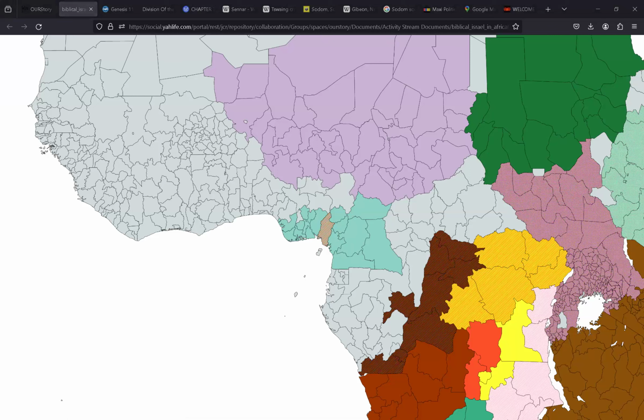Then if you go even further into history, when you say that the two tribes were exiled, one was taken into Assyria, right? The northern kingdom was taken into Assyria, and Assyria is that West Central Africa place. Then it makes sense that we were taken by ships off the coast of West Africa.